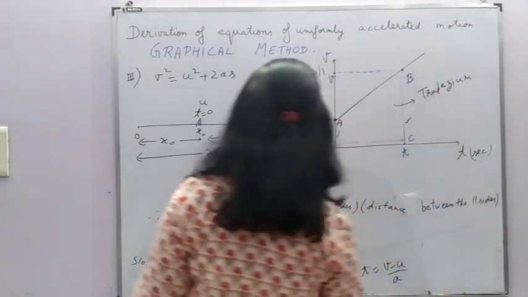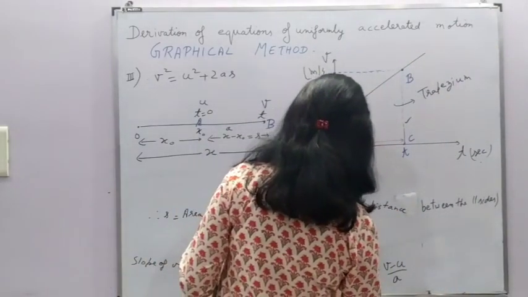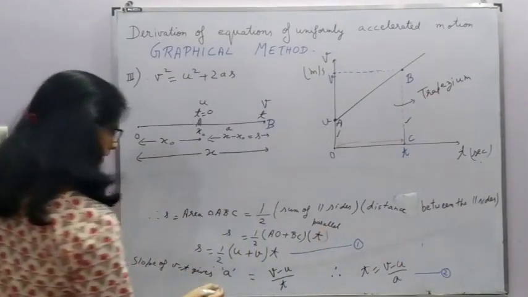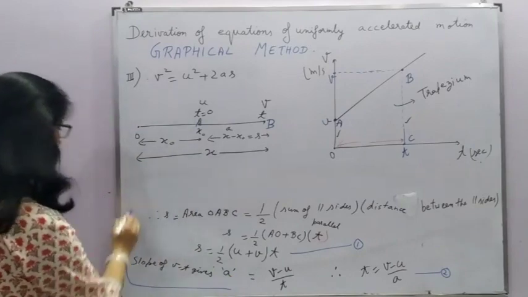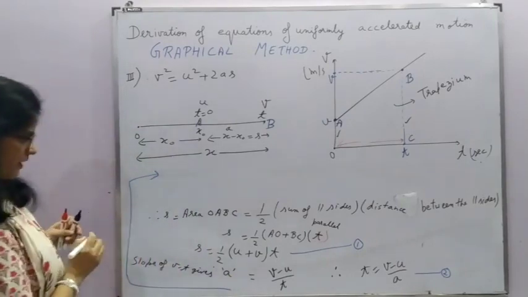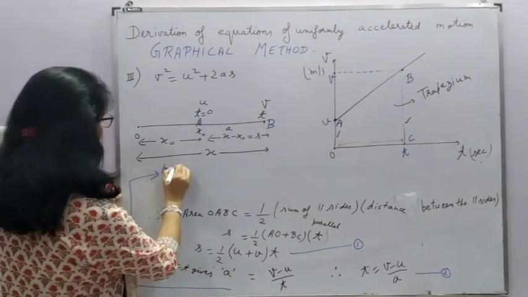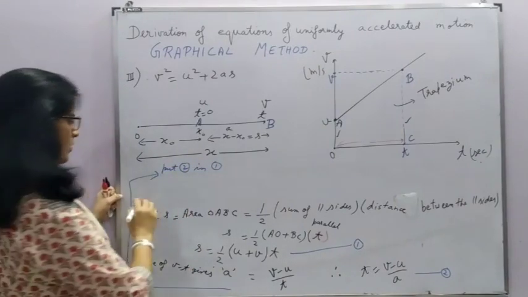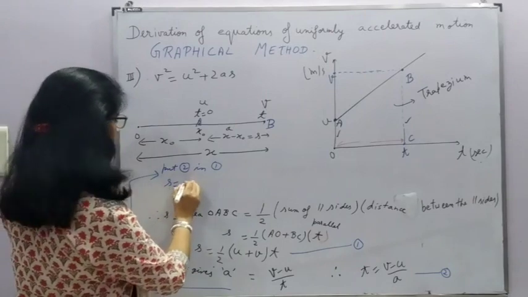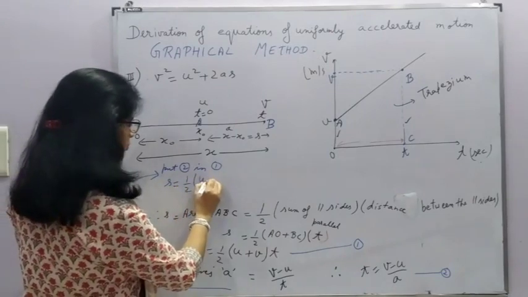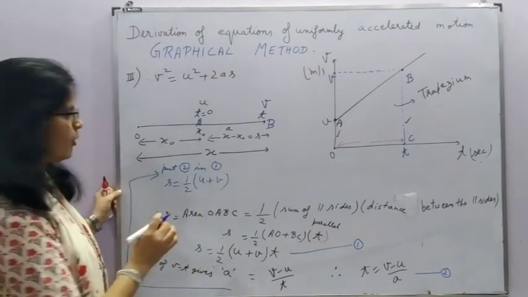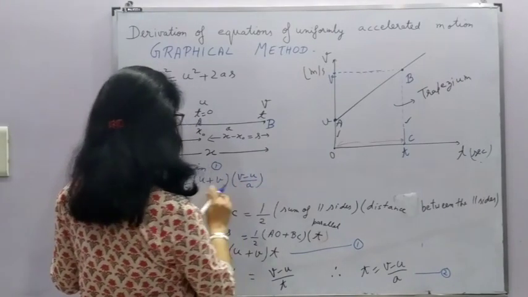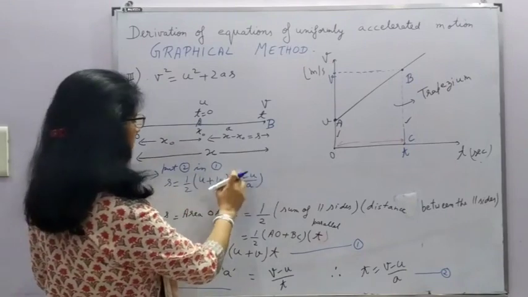So let's mark this as equation 1 and this as equation 2. So put 2 in 1, right? So from here s is equal to half u plus v, and for t we will write down v minus u upon a.